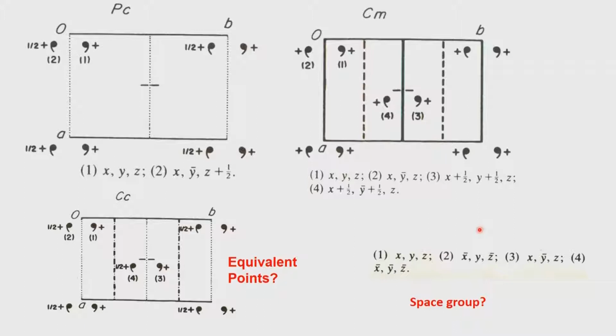Suppose it is a primitive lattice like here, identify the primitive lattice, then look for the existence of x y z, x bar y bar z bar. That will tell us that it is a centrosymmetric system, and then you look for the operation of the two-fold, the operation of the mirror symmetry as we see here. So, it is very easy to conclude the space group is P2 by M. Once we conclude the space group is P2 by M, in principle we should be able to generate an equivalent point diagram and also a diagram for the symmetry positions.